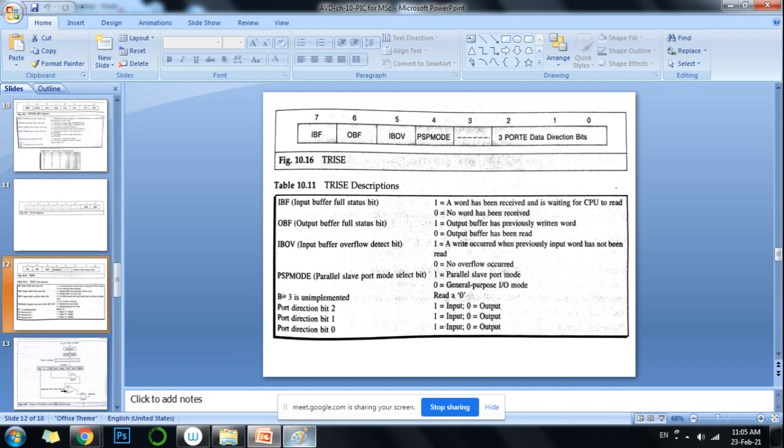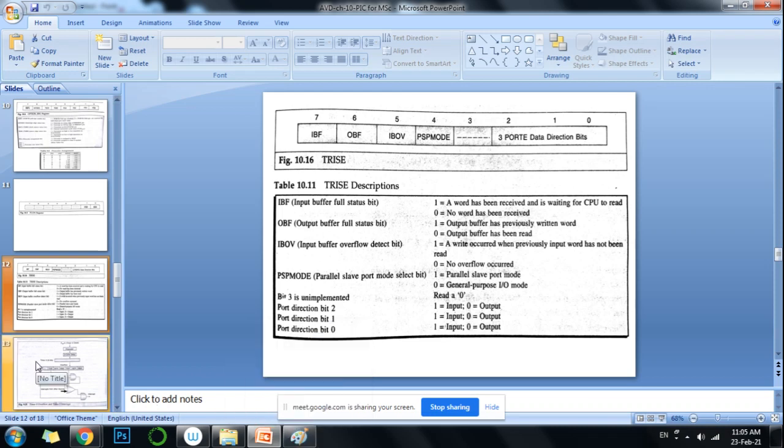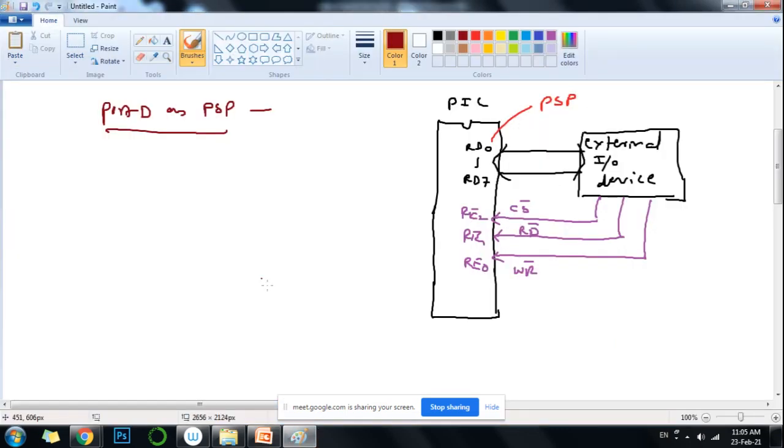Your microcontroller, the 16F877, has in all 3 timers.